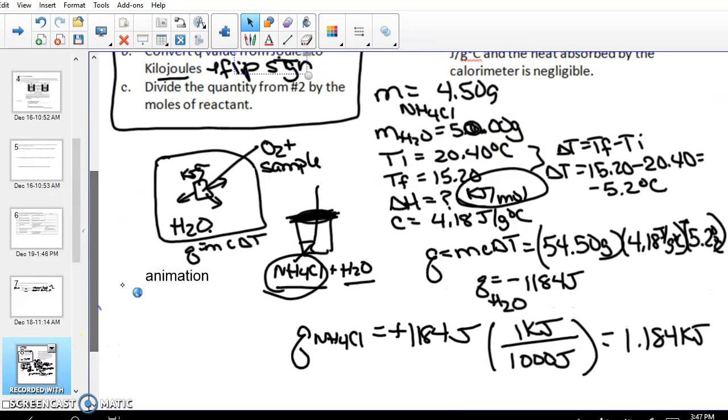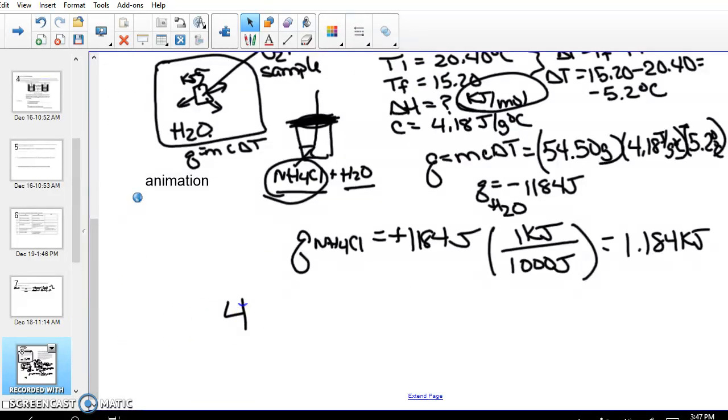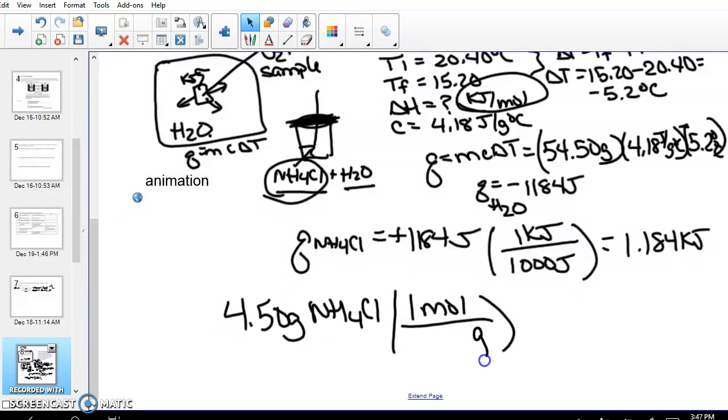So I've got to take my 4.50 grams of my ammonium chloride and convert that to moles. So I'm going to do that using my gram formula mass. My gram formula mass is going to be 53.492, and I'm going to get 0.0841 moles. That is what I'm going to divide my kilojoules by.